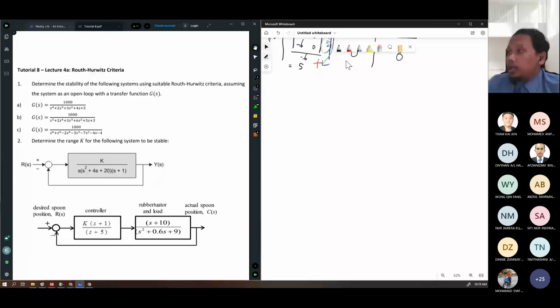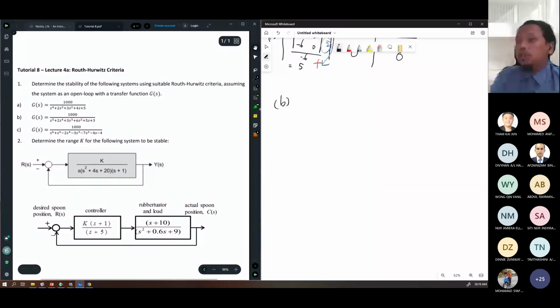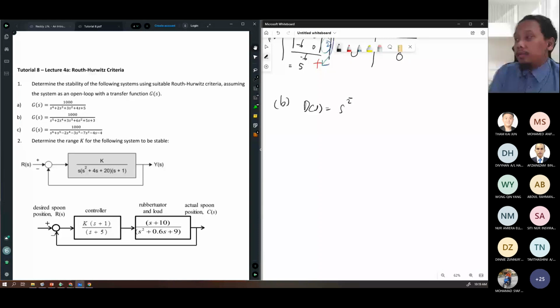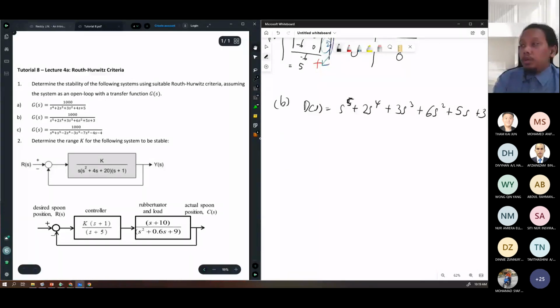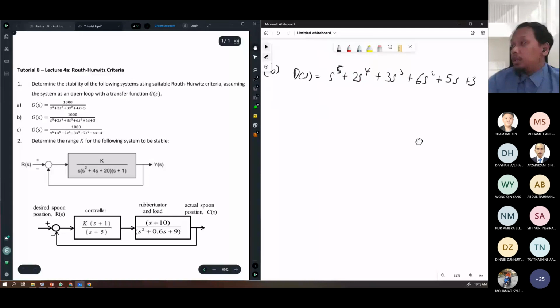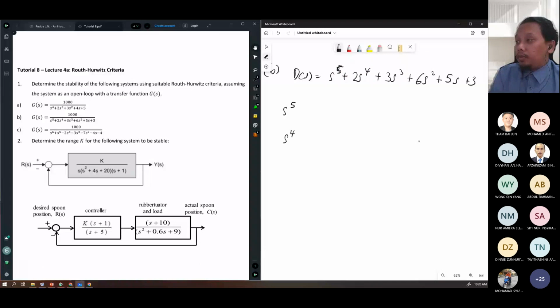Okay, now let's look at question B. So firstly, we take the denominator. And then we generate the Routh table from the denominator here. So we start with s power 5, followed by s power 4.